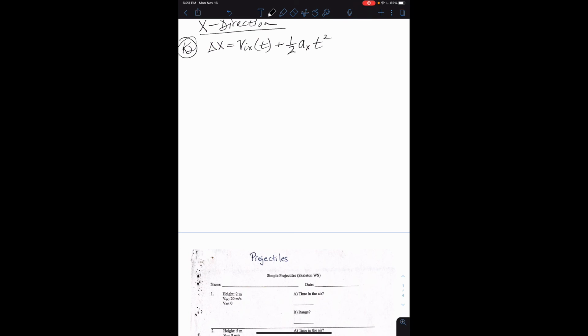So for a projectile, you can separate the two directions. You can analyze the x direction independent of the y direction.